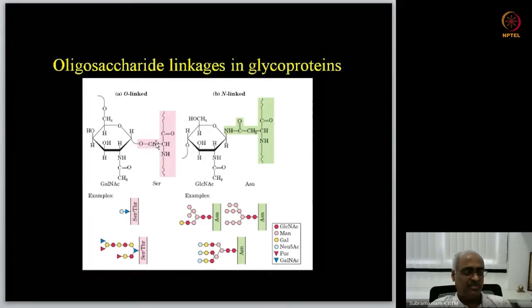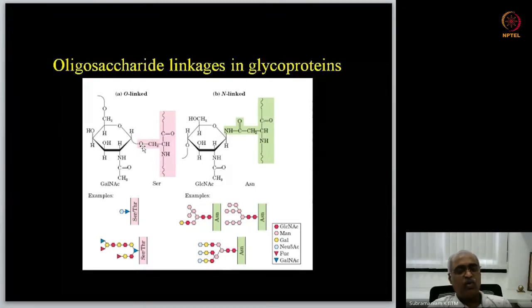You have the side chain CH2OH, and that is in linkage with the anomeric carbon's hydroxyl group of N-acetyl galactosamine in this particular example. This sort of linkage we call O-linked, because the atom that connects the carbohydrate to the protein is oxygen.